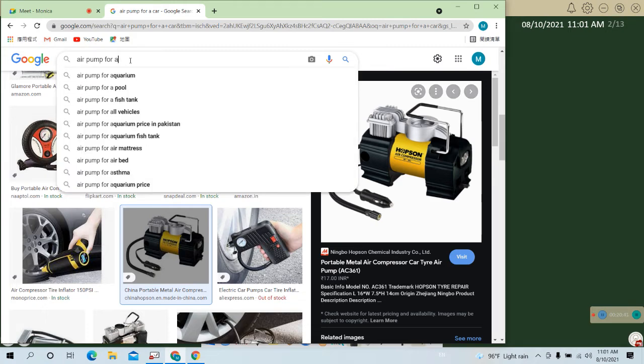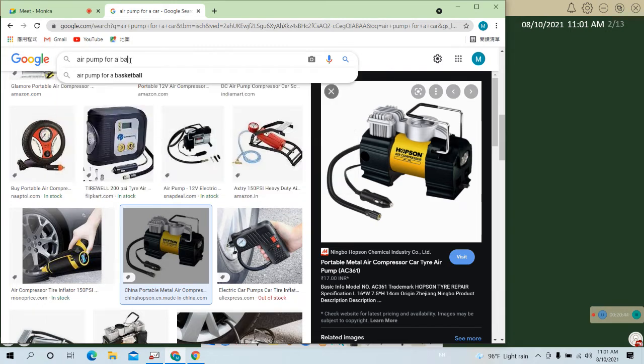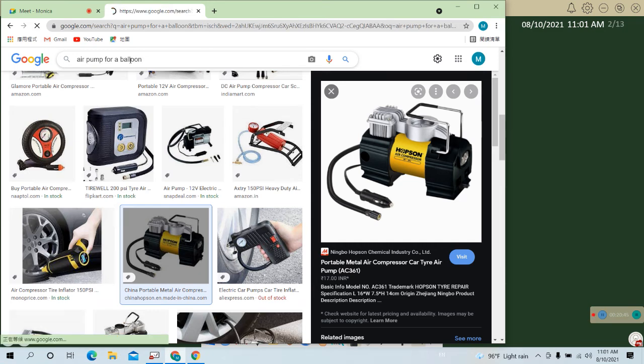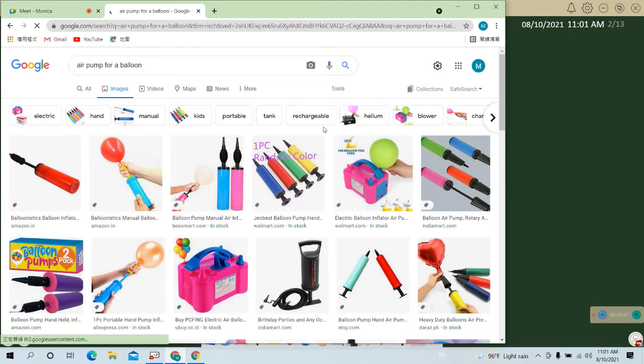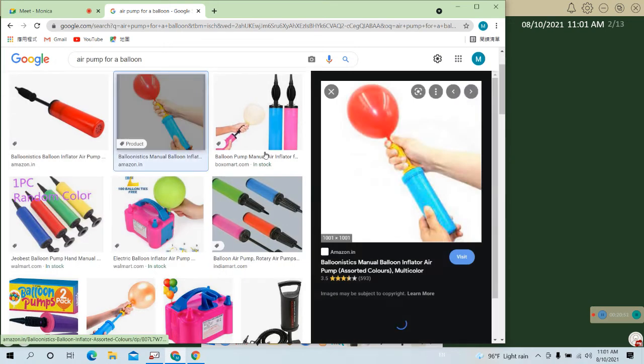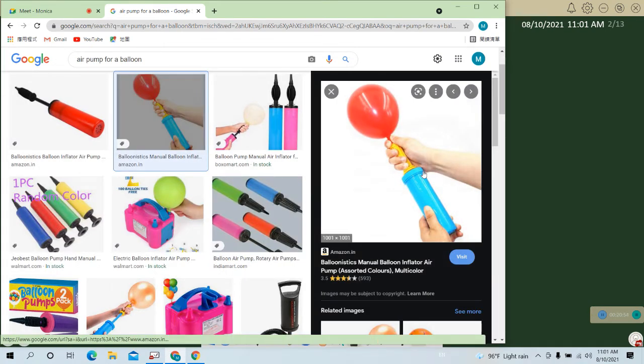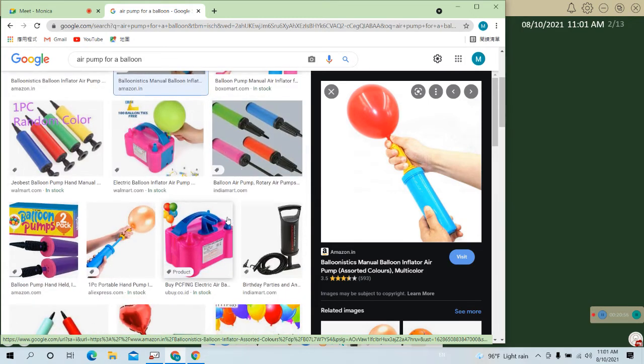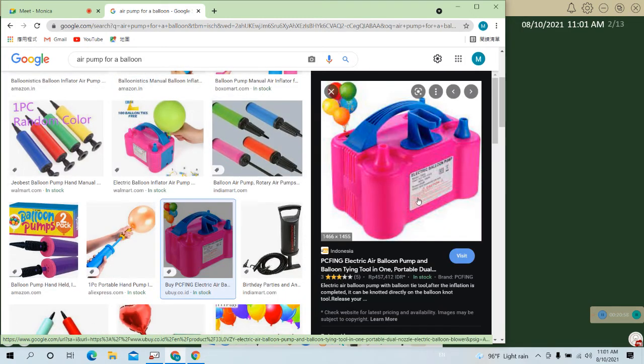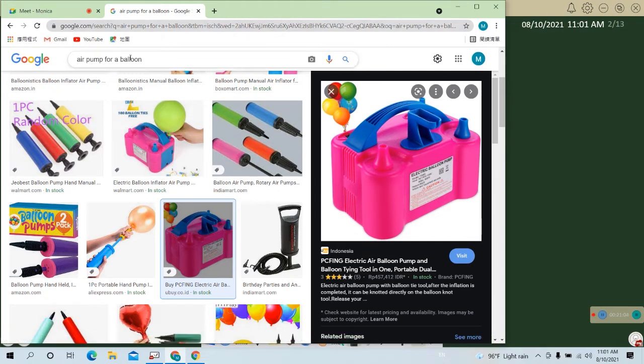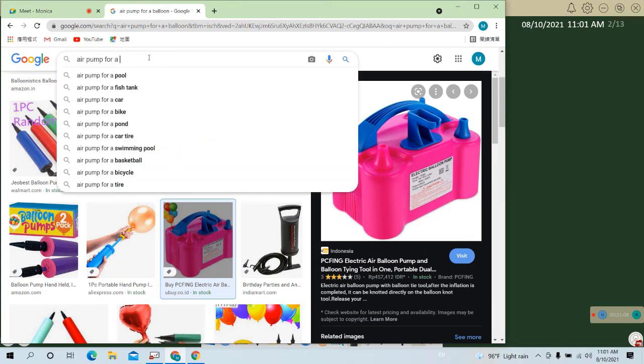How about if it's an air pump for a balloon? That's also a different kind. It's usually something like this. Or it can be like this. Where else can we use an air pump?